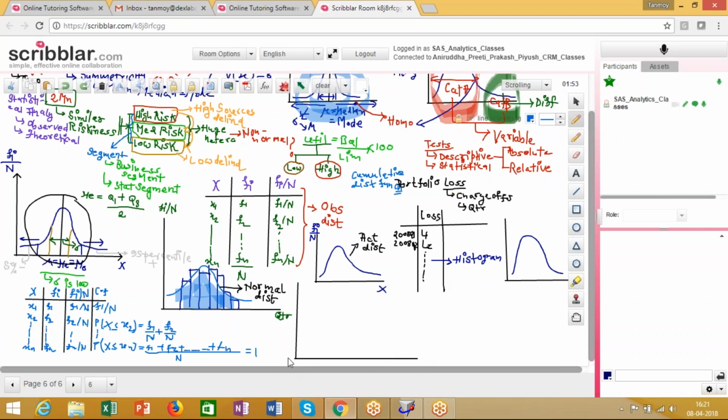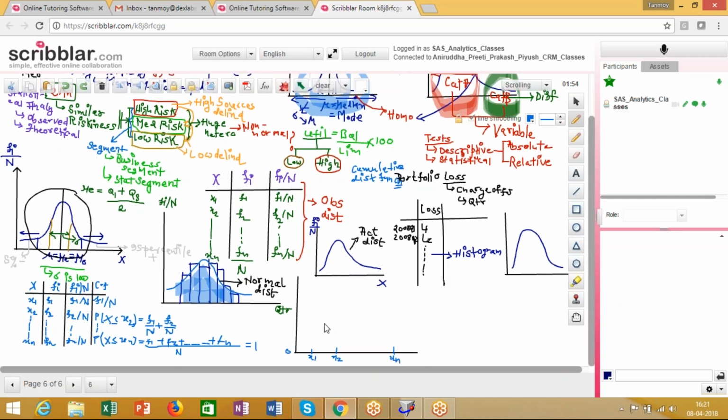over here this is x1, over here the number is x2. So like this I have the value till xn. Say what is the probability that x will take a value less than equal to x1?